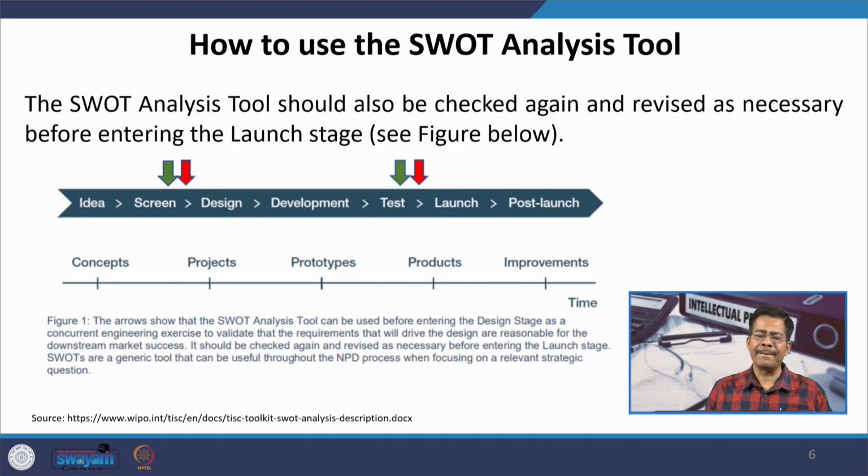Now, let us see the journey from the idea stage to the launch of your product, the entire innovation journey. In this entire journey, people say that we need to do this SWOT analysis not once, but at multiple stages.